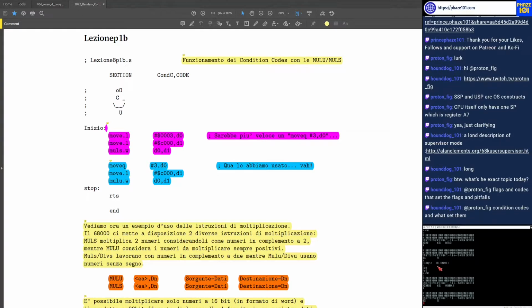So that's the first thing that you need to know about multiplication. Multiplication, if you give it a long word, it will still work on words. So make sure you do not make this mistake.